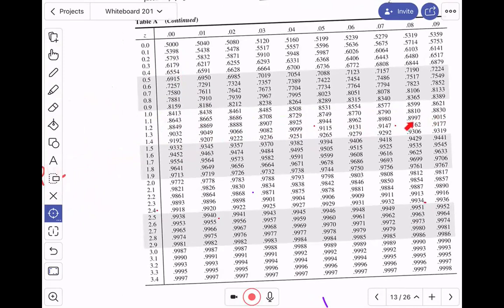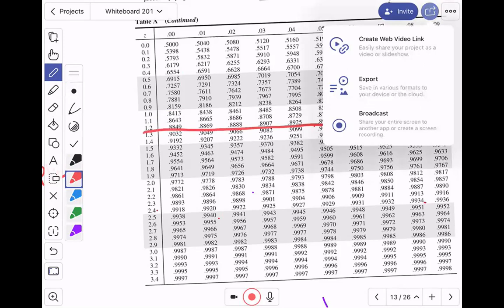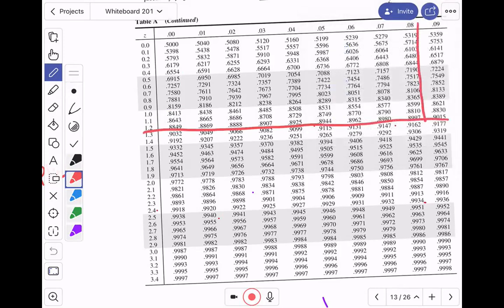Which one is it closer to? 0.08. It's closer to the 0.08 value. So we'll say 90% is located out here, about 1.28. That's where 90% is located, about 1.28.